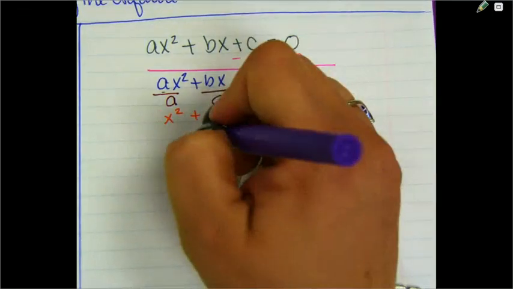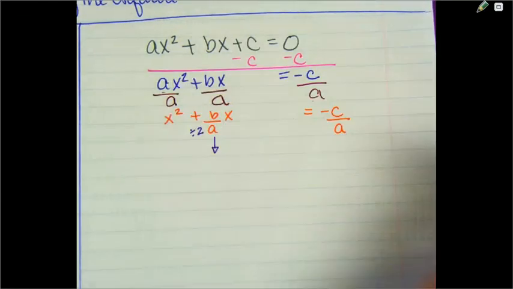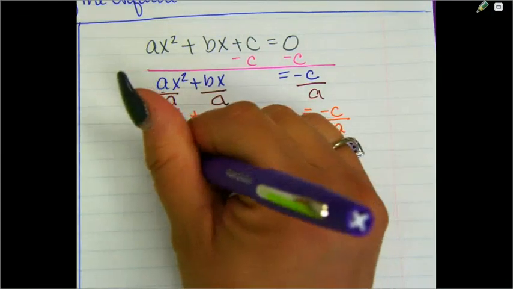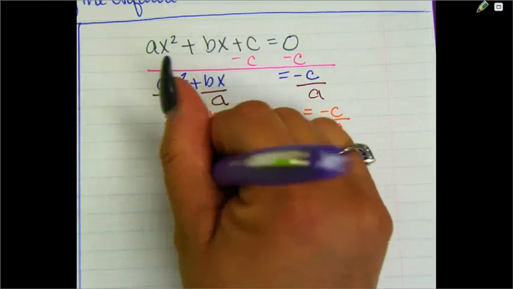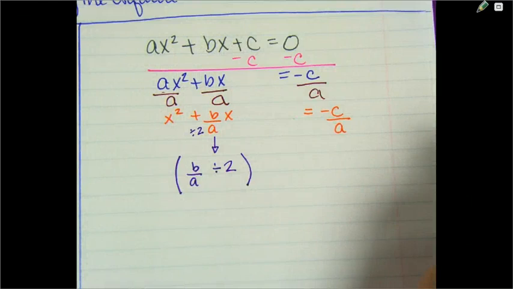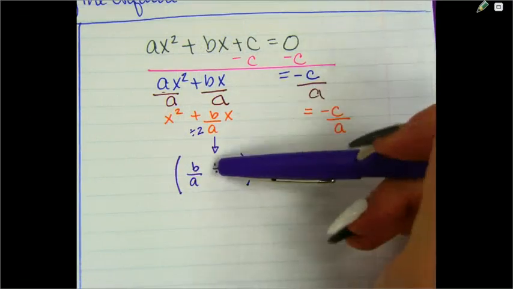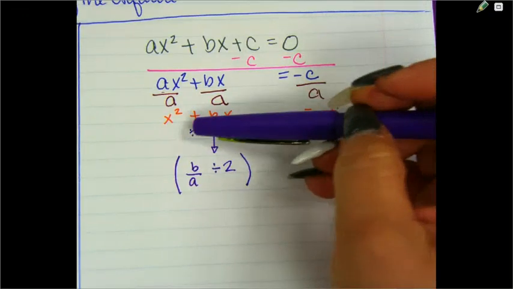So the middle term is going to divide by 2. Okay? We have B over A. I'm going to write it in parentheses so we understand that that's what I'm doing. B over A divided by 2. All right? Does that make sense? So instead of doing it on the side, I'm actually just going to do it here in this spot. So I've taken this term, I divided it by 2.